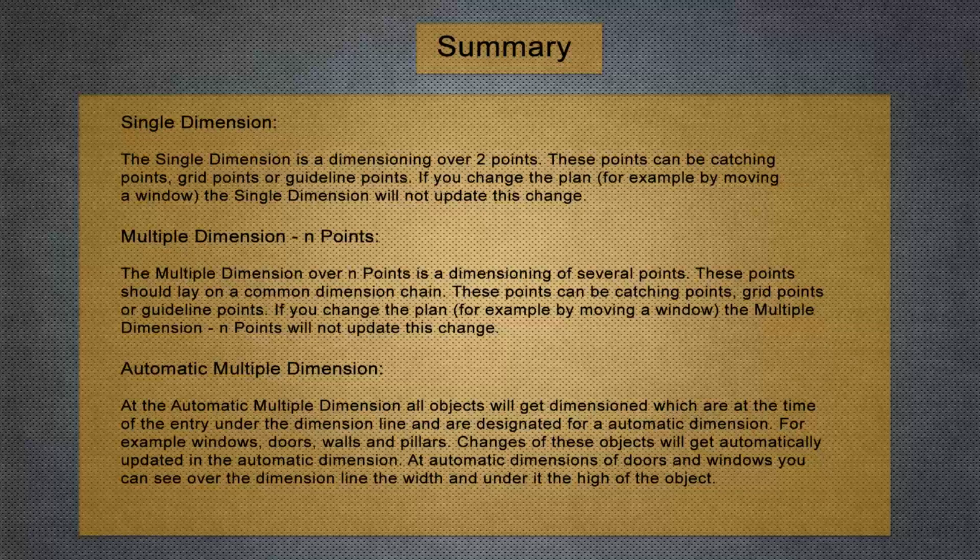Changes of these objects will get automatically updated in the automatic dimension. At the automatic dimensions of doors and windows, you can see over the dimension line the width and under it the height of the object.